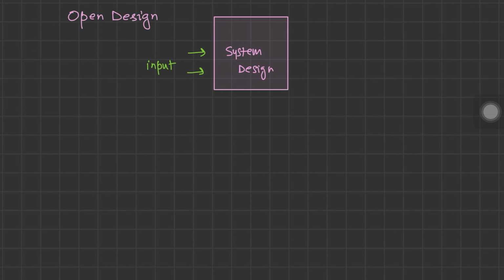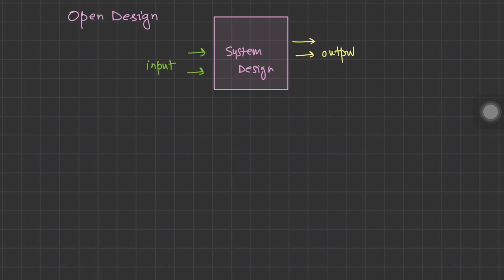So let's start our discussion with open design. What is meant by the principle of open design? In very simple terms, if a system is designed in a way that its design specification is available to the general public, then we say that this system is following the principle of open design.